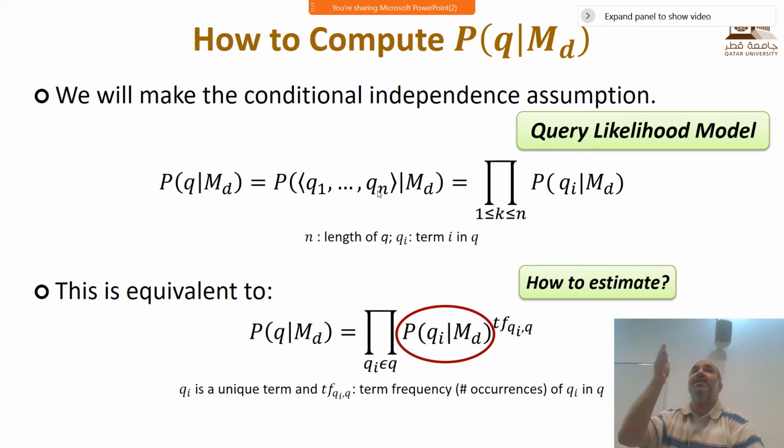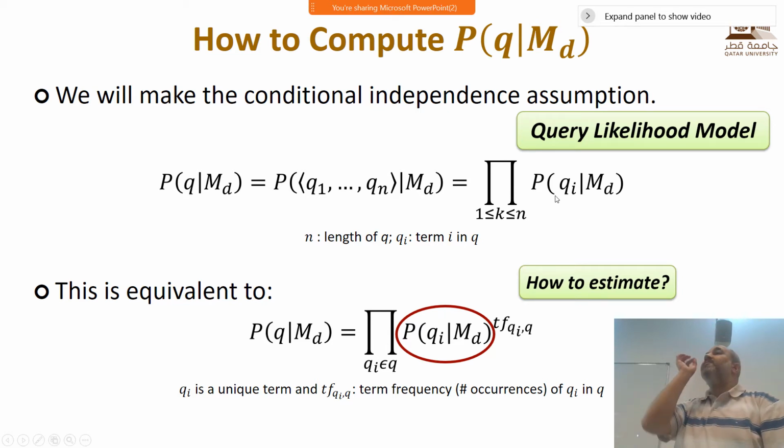So these query terms are independent of each other. Instead of having the full query, we can decompose it into a multiplication like that. That's the unigram model, or the conditional independence assumption. Now, if we compute the probability of observing each single query term given the model, we just multiply them and that's it.